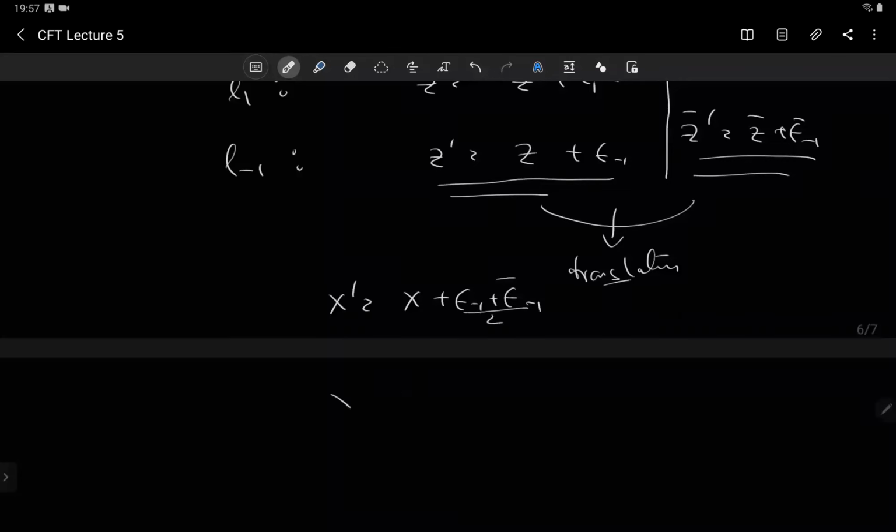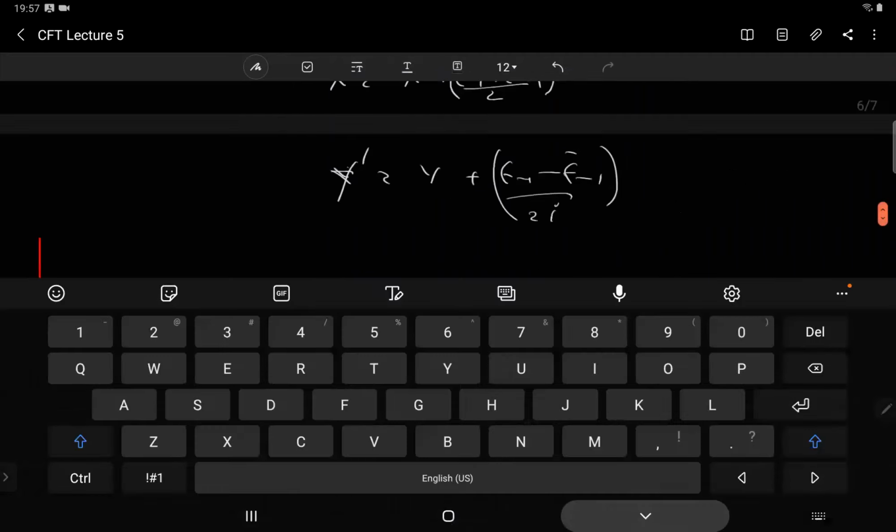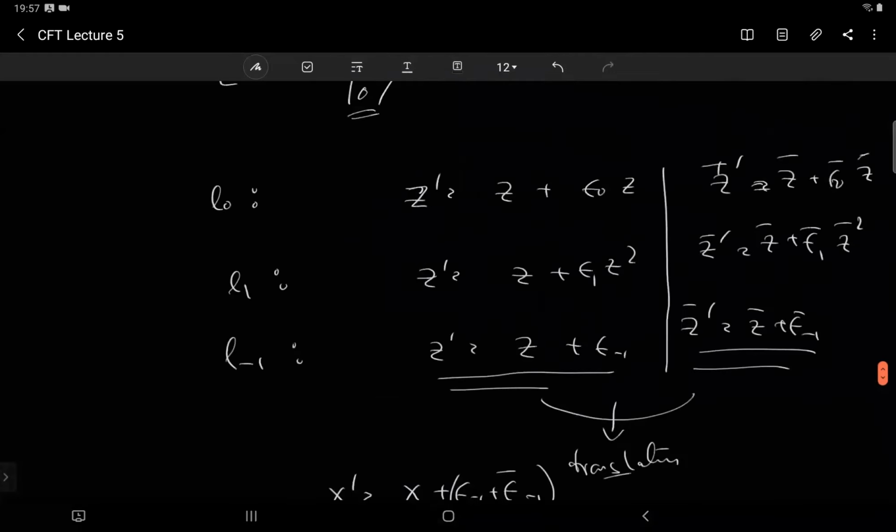And similarly y prime will be y plus epsilon minus 1 minus epsilon bar minus 1, divided by 2i. So this is your translation in the x direction, and this is a translation in the y direction. You can write it in terms of real coordinates.